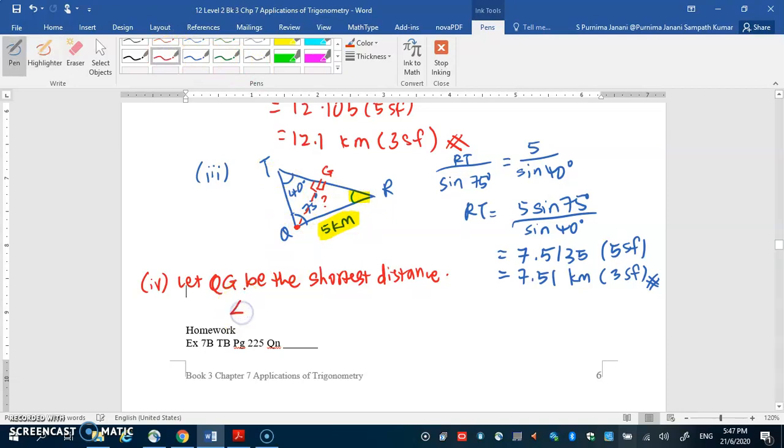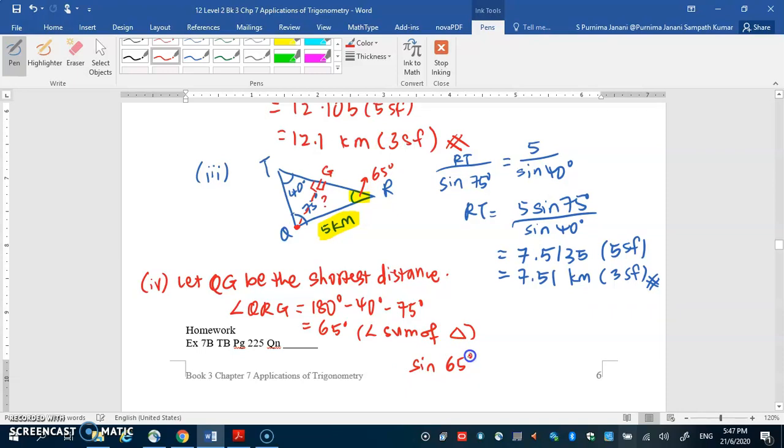So my working will be like this. QRG is equals to 180 minus 40 minus 75. So it's 65 degrees, which is angle sum of triangle. And hence, since this is 65 degree here, I will just need to find QG by doing this.